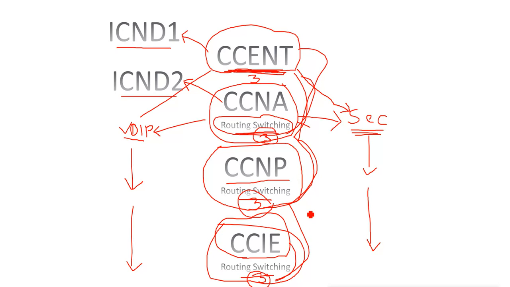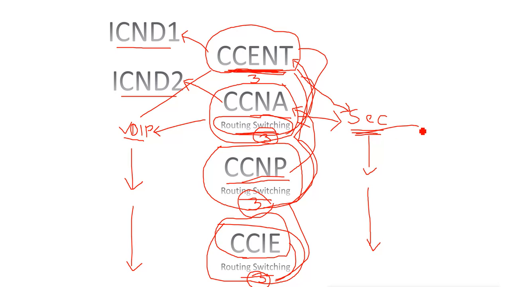And what are the prerequisites for the examination? Like if you want to give CCNA, what are the prerequisites? If you want to give CCNP, then what are the prerequisites? If you want to do CCNP, then you have to do CCNA before, and then you can do CCNP. And for CCNA, you have to do CCENT before it. Otherwise, you can't do CCNA. And if you don't do CCNA, then you can't do CCNP. And if you don't do CCNP, you can't do CCIE.